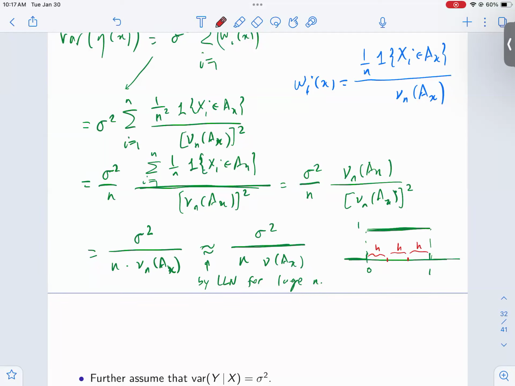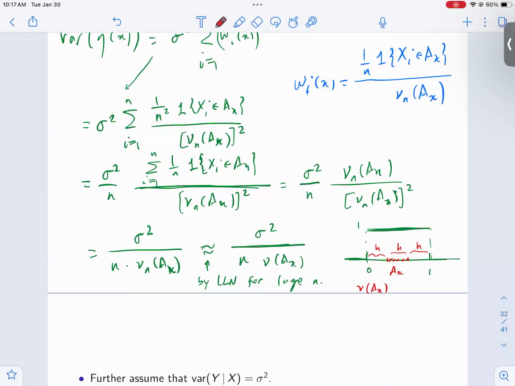Then it doesn't matter which one A_x is. So if A_x, for example, is this one, what is nu of A_x? This is the probability that the random variable lands in A_x. 1/3.